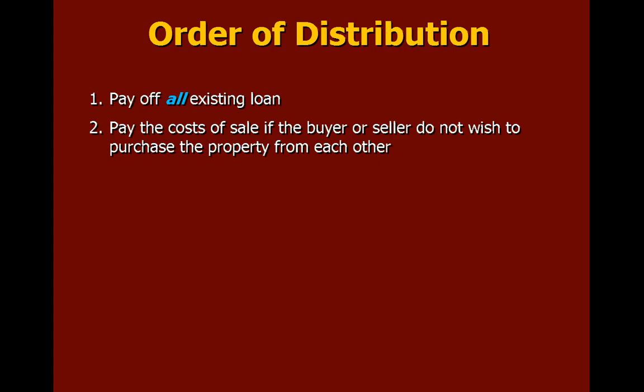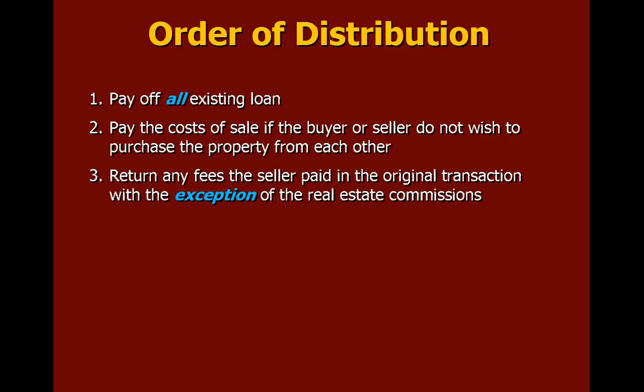If both parties decide they do not want to buy the trust property, then it is put on the market by the trustee, who picks a realtor and puts it on the market. Those costs then come out as number two on our order of distribution.